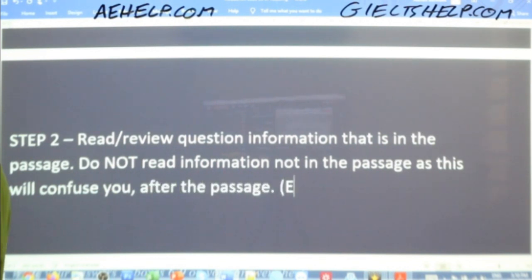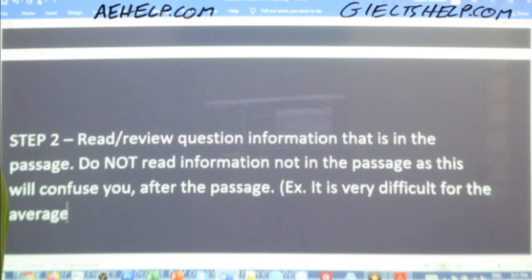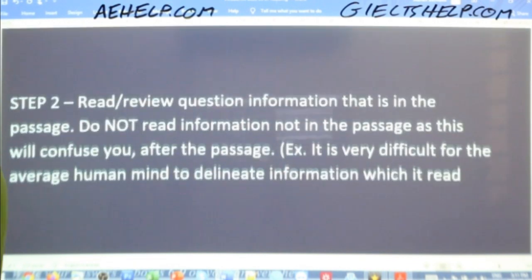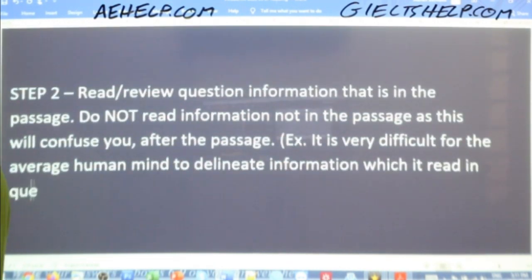For example, it is very difficult for the average human mind to delineate information which it read in questions versus the passage.